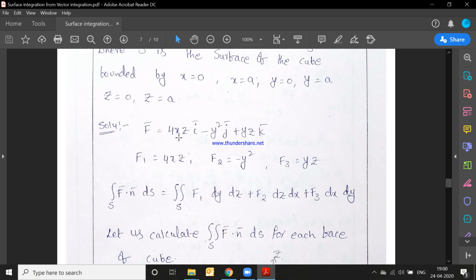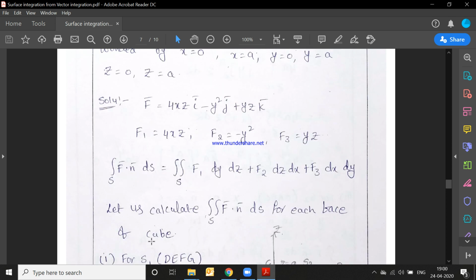First write f bar equals 4xz i bar minus y square j bar plus yz k bar. Here f1 is 4xz, f2 is minus y square, f3 is yz. Then the surface integration formula is the double integral over S of f bar dot n bar dS, which is the double integral over S of f1 dy dz plus f2 dz dx plus f3 dx dy.